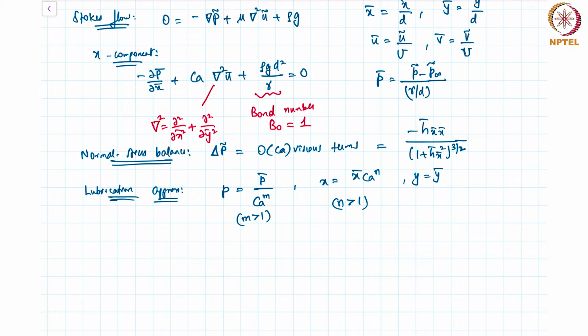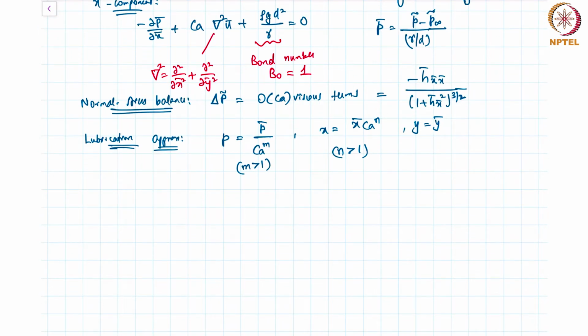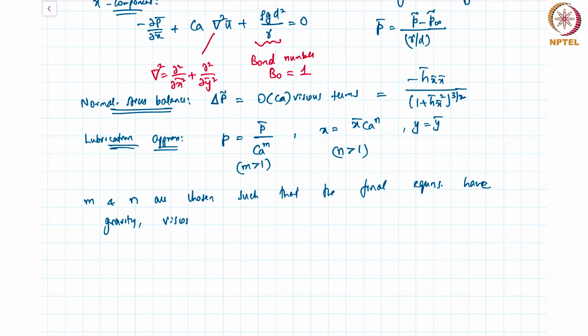Now, what's the logic for choosing n? m and n are chosen such that the final equations have gravity, viscosity, and surface tension equally important.